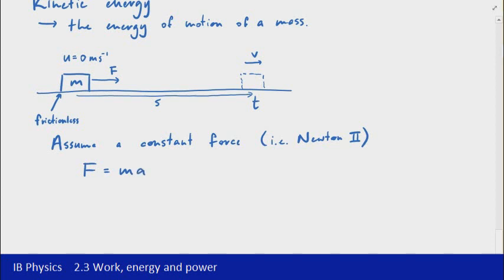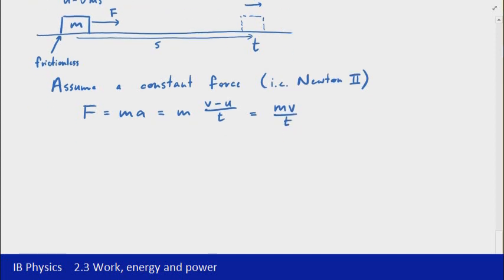But we also know that acceleration can be explained as the change in velocity, so that's the final velocity minus the initial velocity over time. So we can write that expression for acceleration instead. You'll see here though that we've got a term u, and we know that u is equal to 0. So in this case that simplifies down to be mv on t. We'll leave that one there for the time being. We'll come back to it in a second.